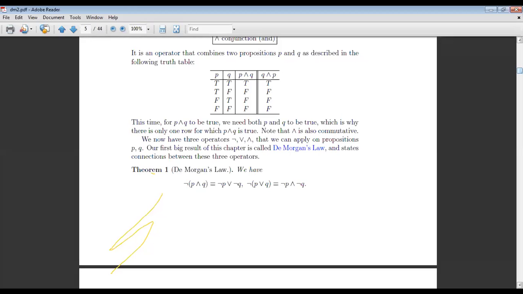So I will just make the table for that. Don't worry, I will share this truth table through your WhatsApp group.